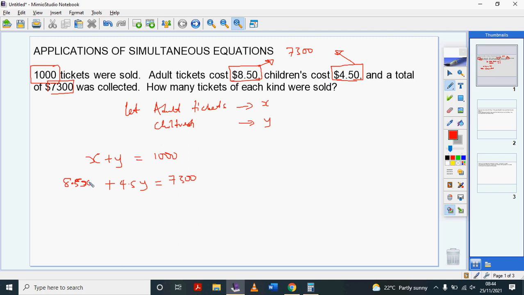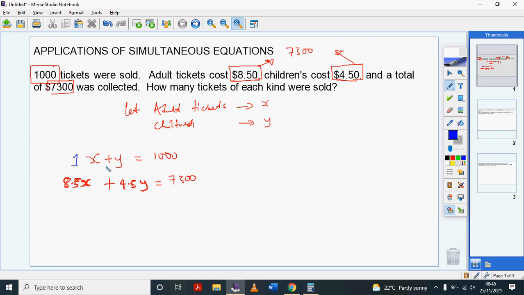Now I want you to solve using elimination because I want you to get more practice on elimination. But eventually, when we have got more practice on each of the methods, you'll be allowed to use any method of your choice, or sometimes it will be specified. So here, if I want to use elimination, if I look at the first equation, remember, look at the coefficients of x.